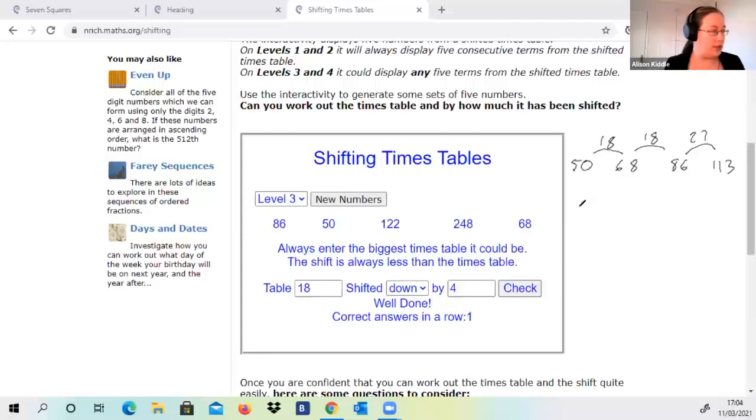But if I refer to the 18 times table as being the sequence 18n, so 18 times a natural number n, so it can be 18 times 1 is 18, 18 times 2 is 36, 18 times 3 is 54, and so on. And then shifted down by 4 means that I need to take away 4 from whatever I get from my answer. So the algebraic representation almost becomes a natural way of describing the language that we've used for the sequence.